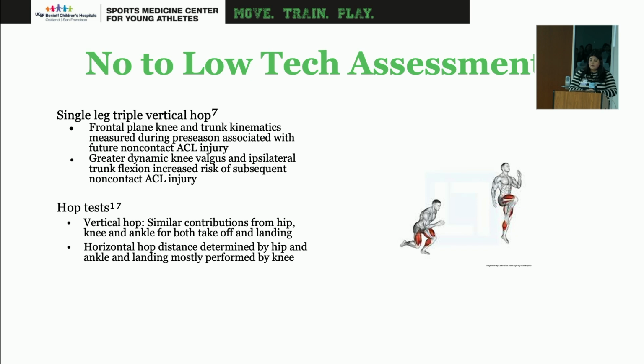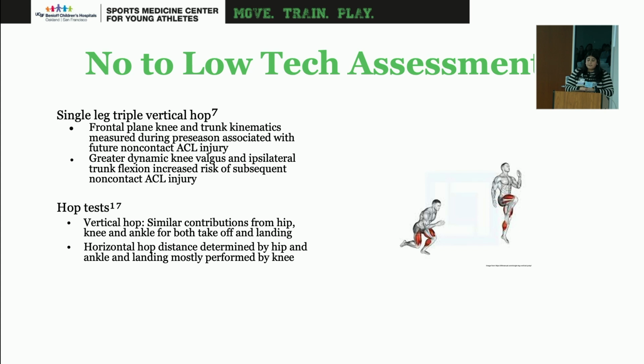And then according to Katsufaki et al., I wanted to touch base about the different hop tests that we perform within the clinical setting. So vertical hop versus horizontal hop. I think it's important to consider the intention behind each hop test. Yes, there's parameters and scores and limb symmetry index that we're trying to push our athletes and patients to meet, but what is the intention behind what we're testing with each specific test?